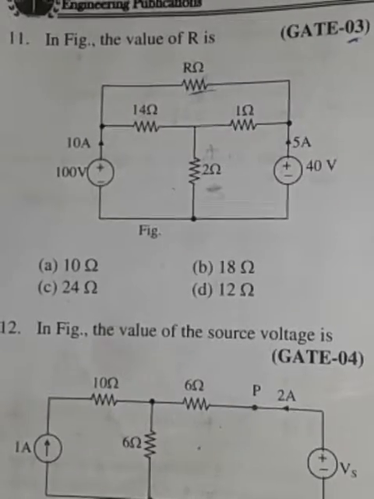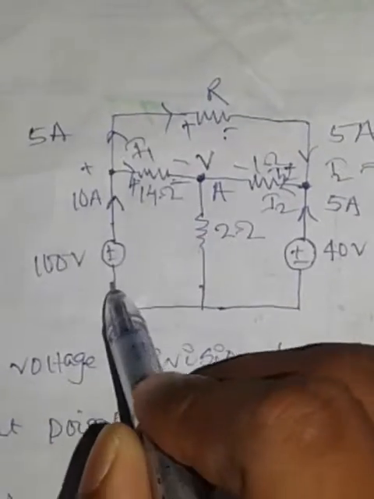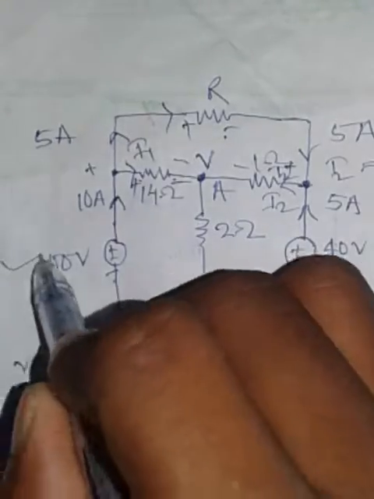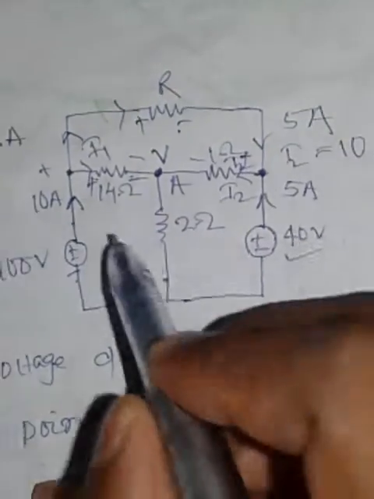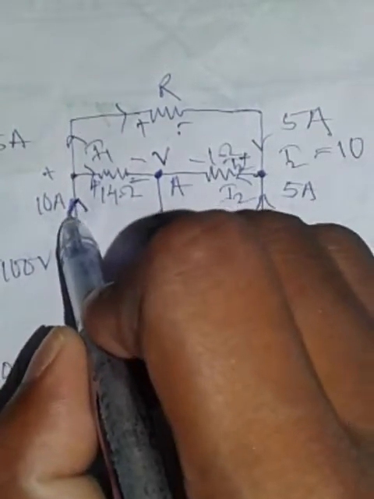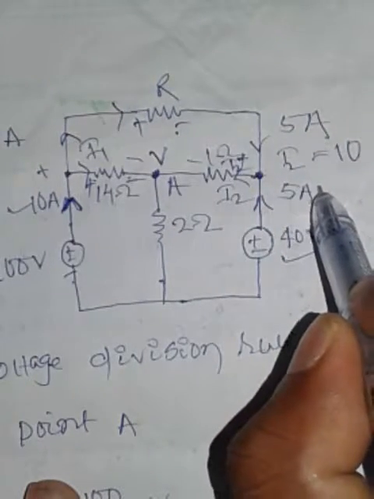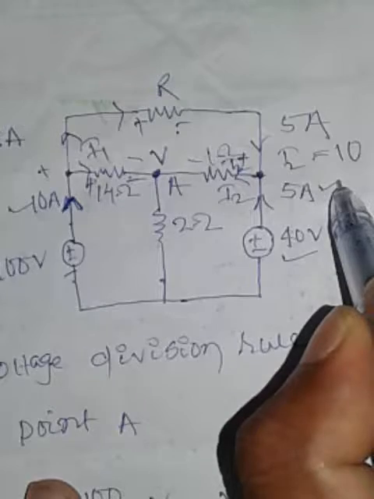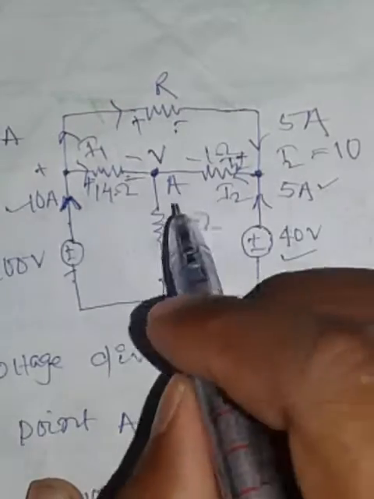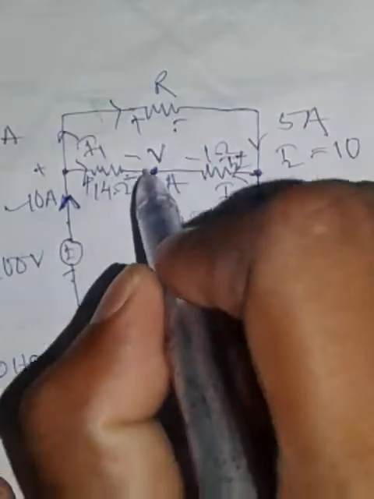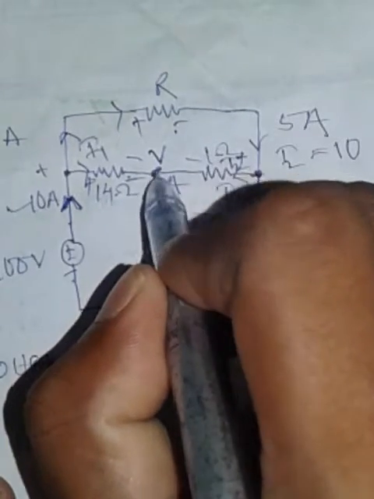So let's see its solution. This is the figure they have given. One voltage source is 100, another is 40, and one current of 10 ampere is flowing through here. In this branch it is flowing 5 ampere.